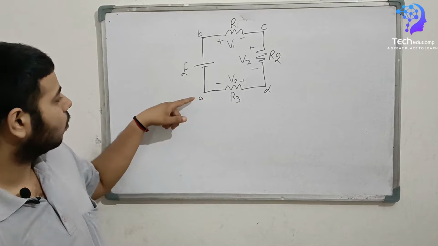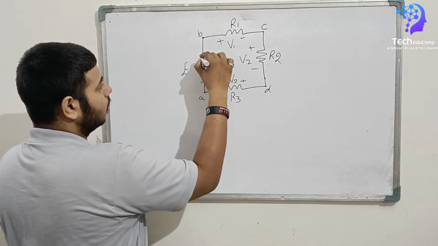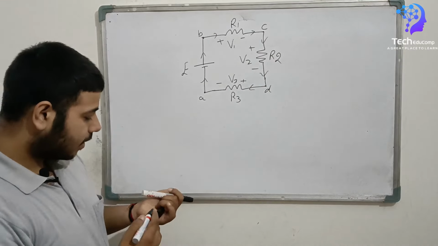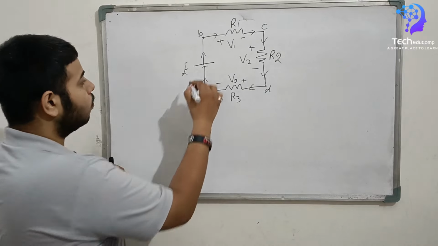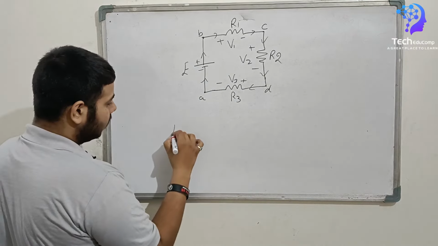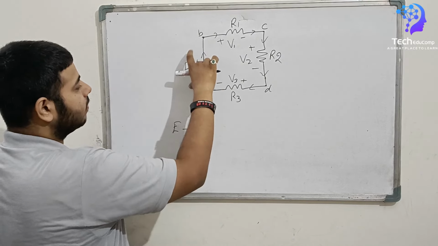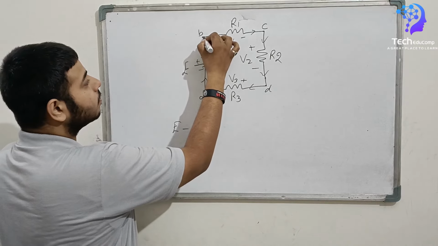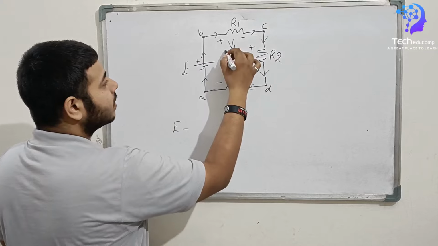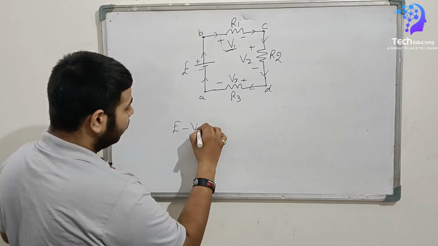The charge flows from point A in this direction. When it moves from minus to plus, going from A to B, it gains E. Then when the charge carrier goes from B to C, we can observe there is a voltage drop V1, so it is minus V1.